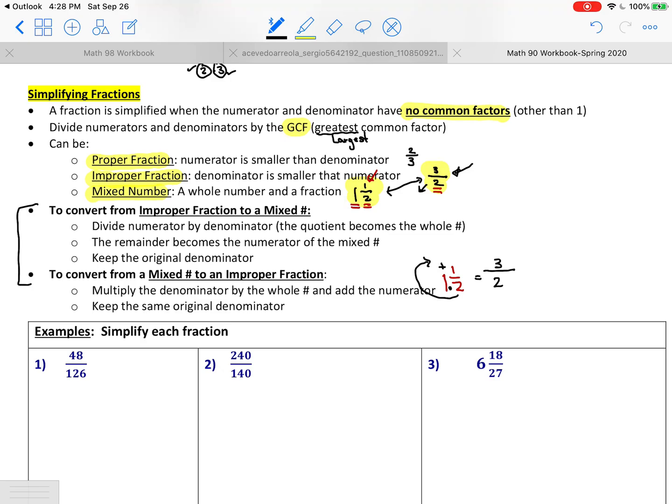I'm going to throw this out there right now. I know we're not yet dealing with negative numbers, but if we had a negative number, let's just say we're going to have -2.5, let's say. When you are converting negative mixed numbers to impropers, you will literally ignore this for now. Okay, you're going to ignore the negative sign.